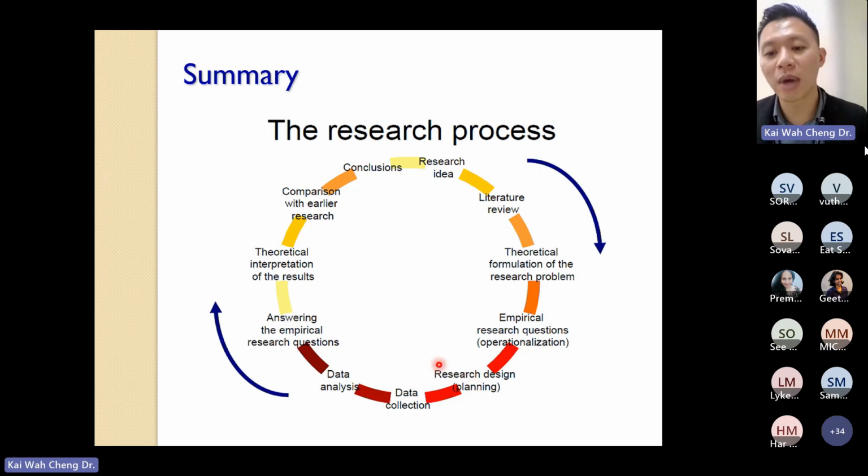So this is all about the research design. Then we will proceed to data collection. We have 2 stages of data collection. Number 1, pre-test, and number 2, actual data collection. So these are the 2 stages under data collection in a social science research.